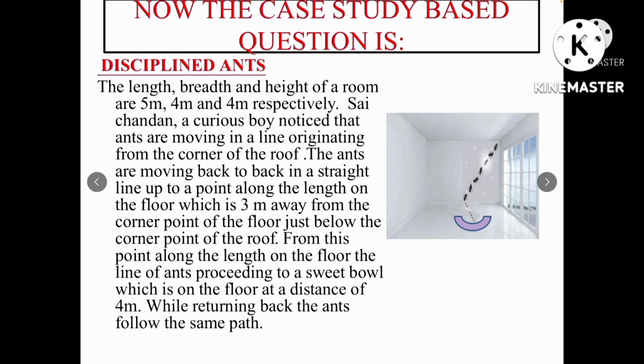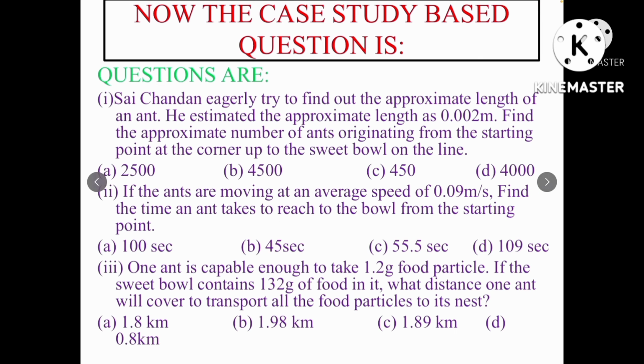Now the questions. The first question is: Sai Chandan eagerly tried to find out the approximate length of an ant. He estimated the approximate length as 0.002 meter. Find the approximate number of ants originating from the starting point at the corner up to the sweet bowl on the line. The options are given to you.